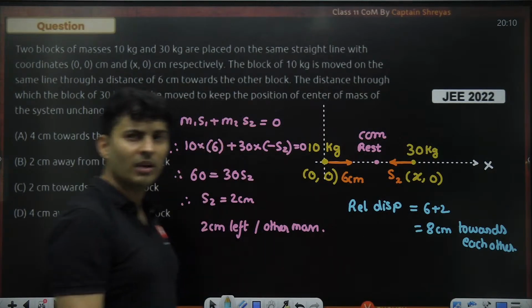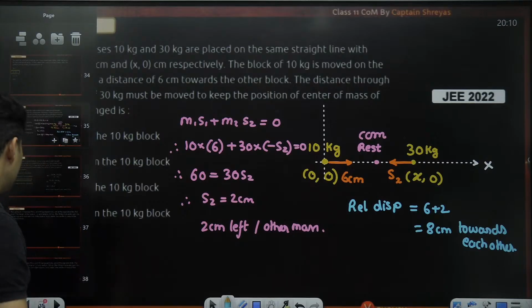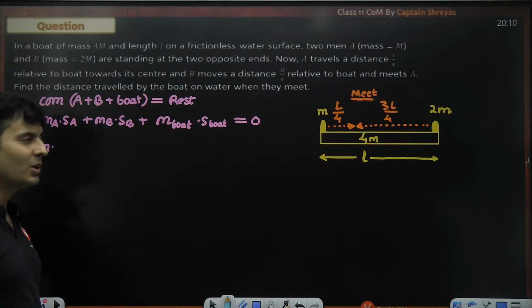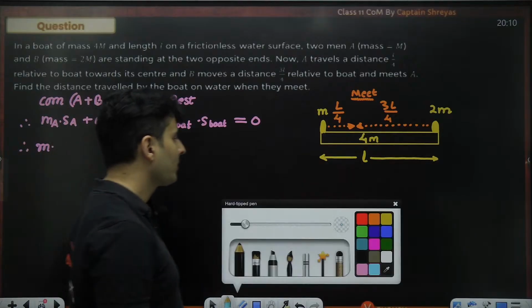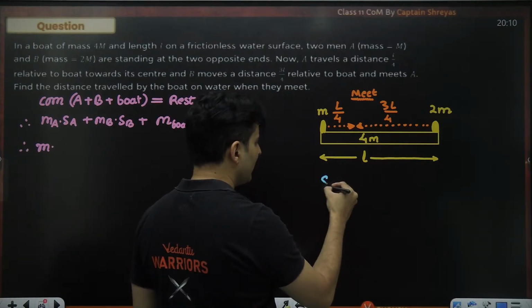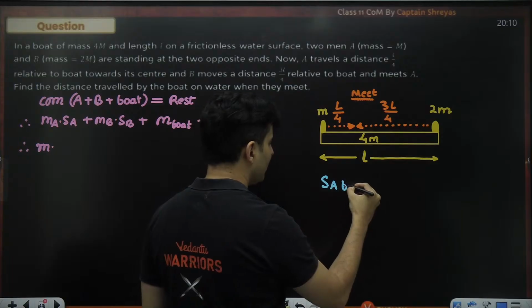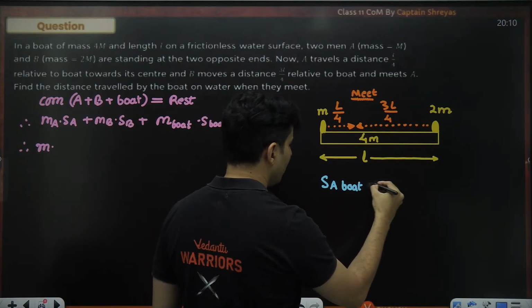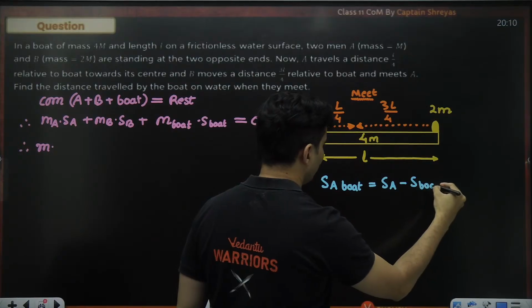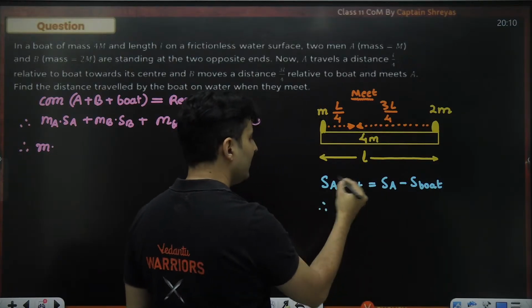Is that okay, everyone? Now, in this question, the catch is only that we know the relative displacement. Oh my God, so what do we do, sir? Use the concept of relative motion. What is that concept? Displacement of A with respect to boat is displacement of A minus displacement of boat. This is given to me.